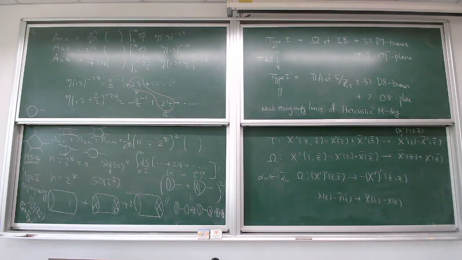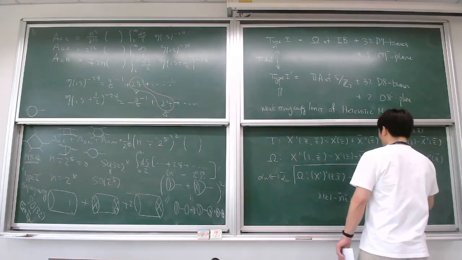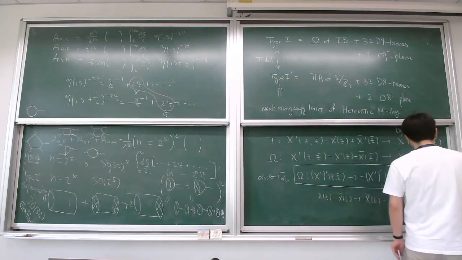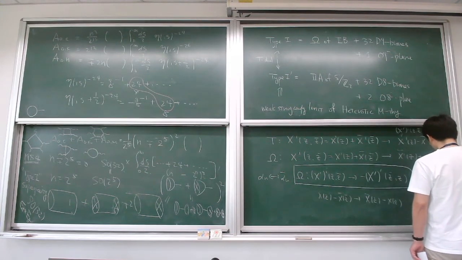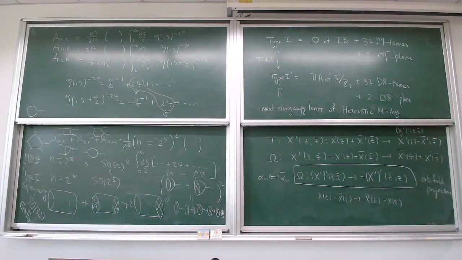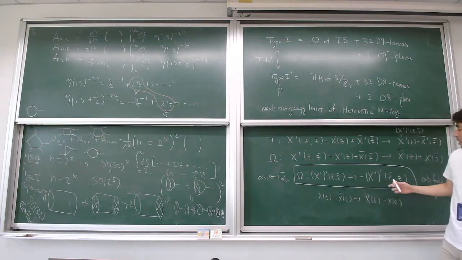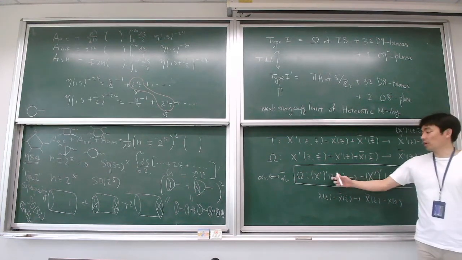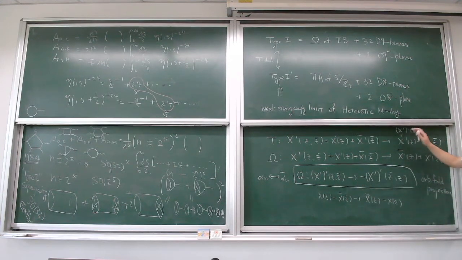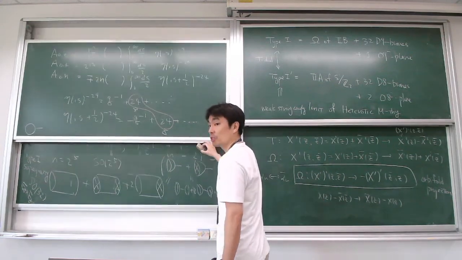You understand? And this operation is called orbifold projection. So the target space is identified with just the minus sign, and also the worldsheet coordinates z and z bar are swapped. The anti-holomorphic and holomorphic coordinates are swapped, and that's called orbifold projection.